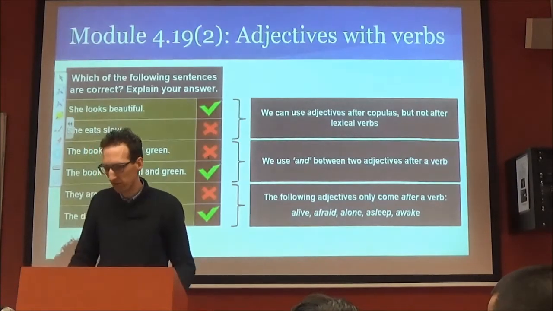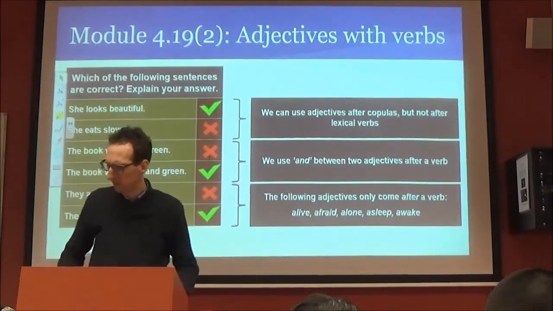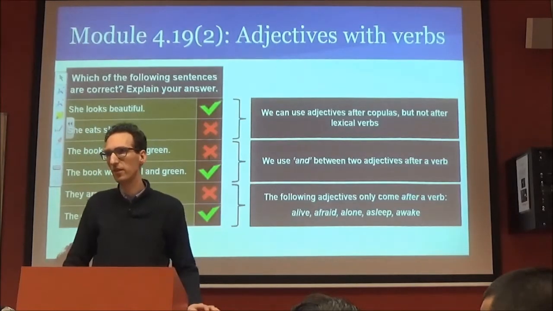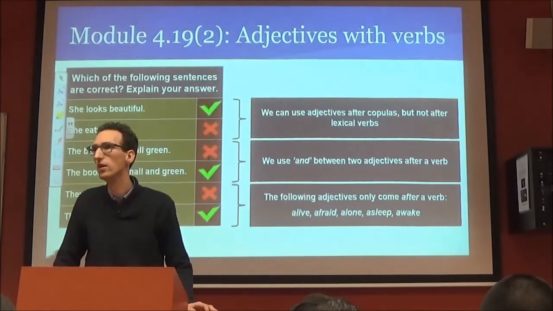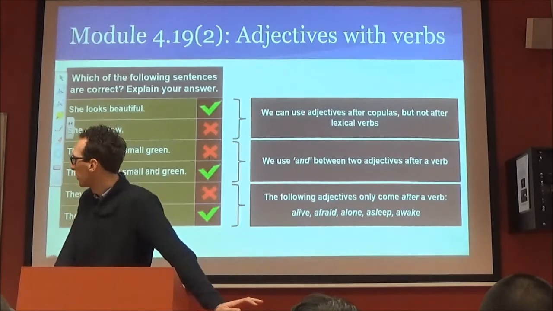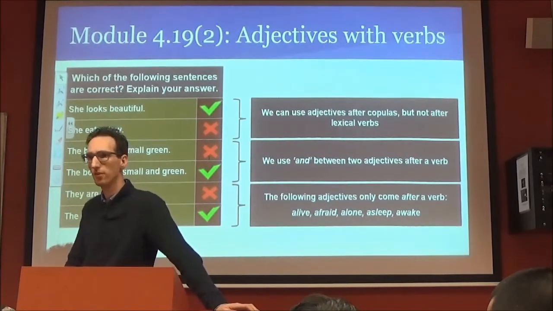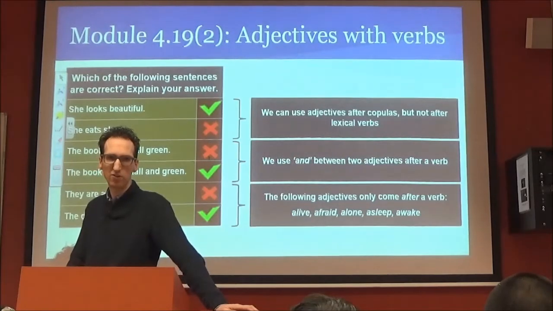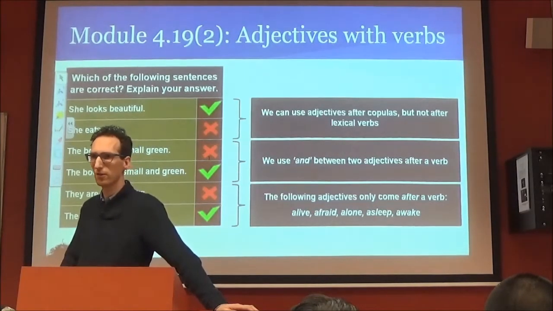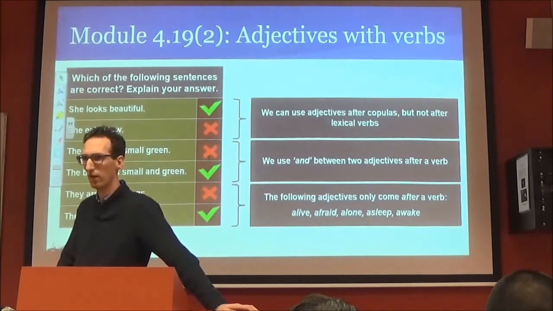Yeah? So this is not something you need to know for the test, but it's good to know the terms anyway. Attributive adjectives come before the noun. Predicative adjectives come after the noun.